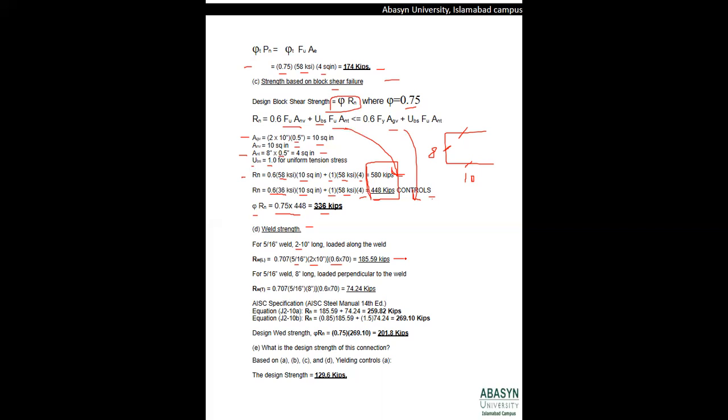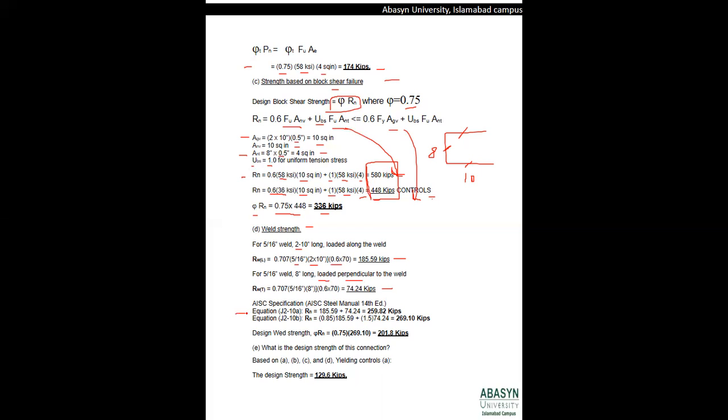Then we find the strength of the weld loaded perpendicular to the weld, which comes out to be 74.24 kips.